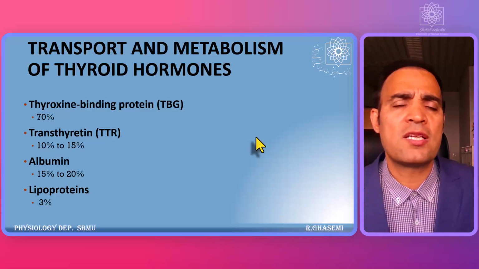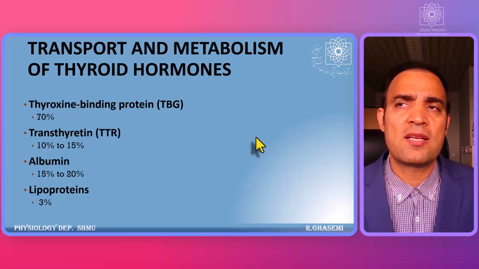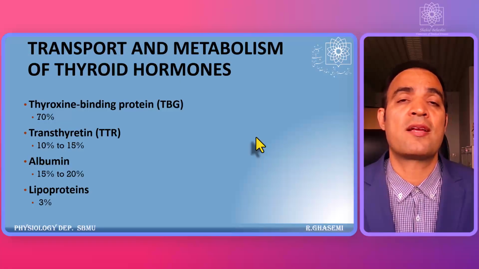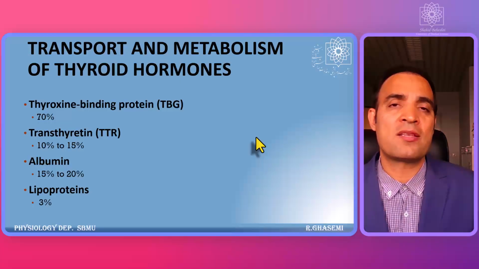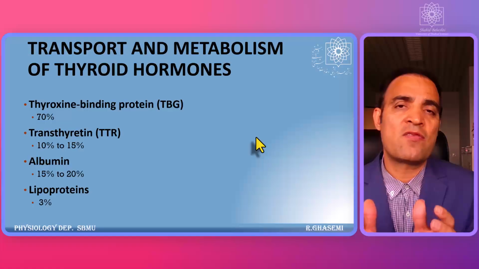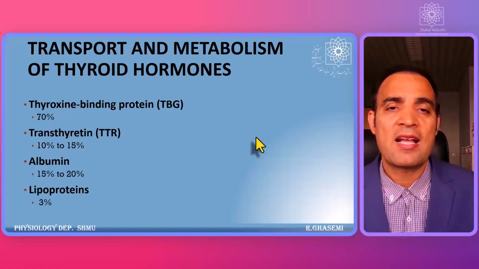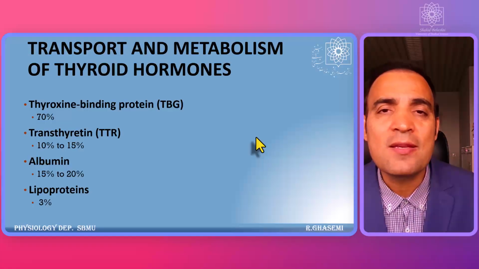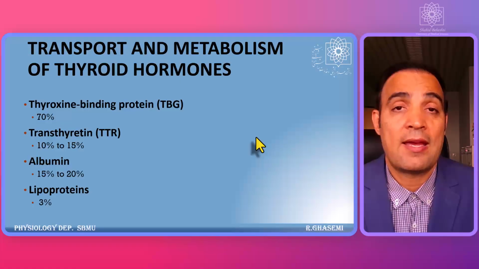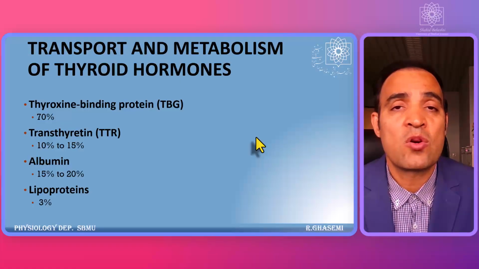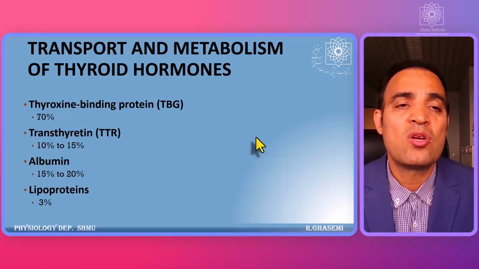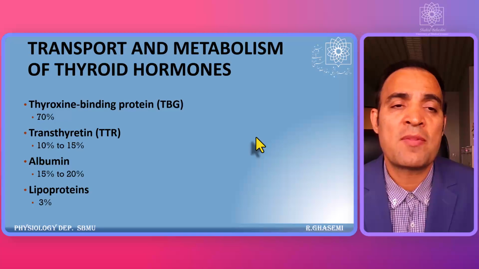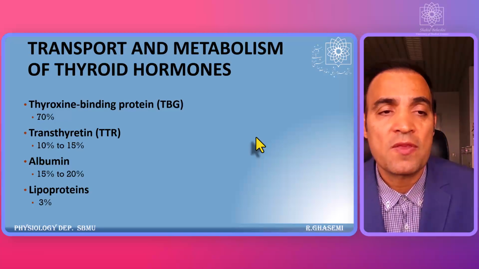What are the protein transporters? I told you that when the thyroid hormones are secreted into the blood, they are not able to dissolve in the blood. Therefore, they need transporters. As you can see, 70% of the thyroid hormone is attached to a protein named thyroxine binding globulin.